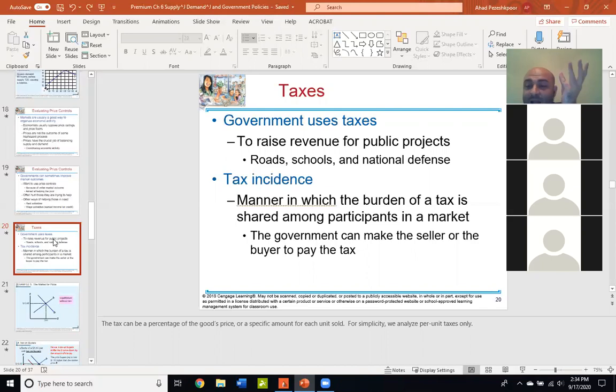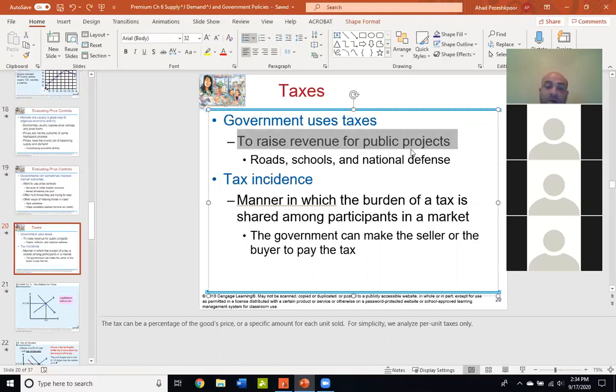Soldiers need salaries, armies, tanks, airplanes, aircraft carriers, they all cost a lot of money. Schools cost a lot of money. Roads need a lot of money to maintain. In order to raise revenues, governments use taxes.